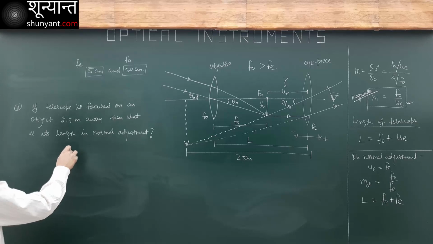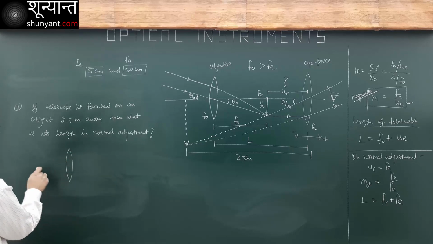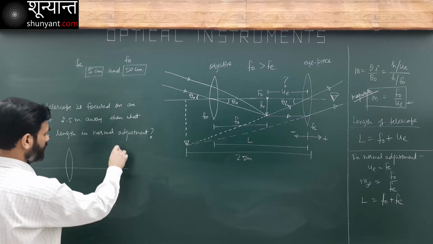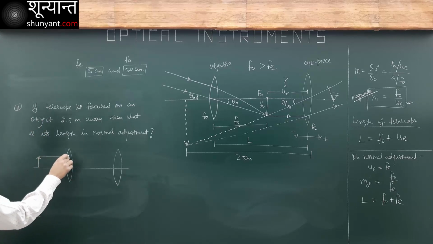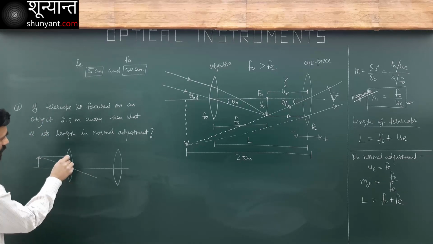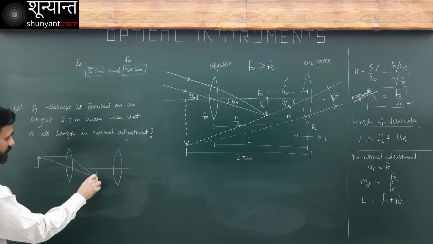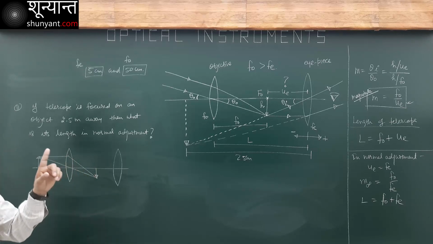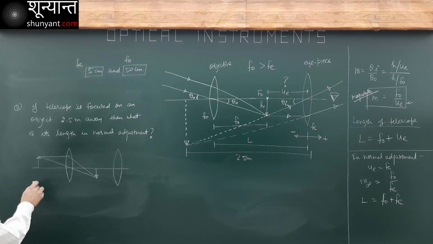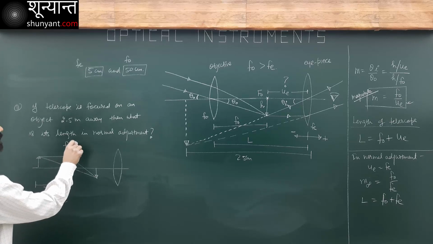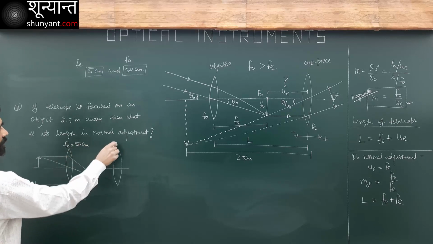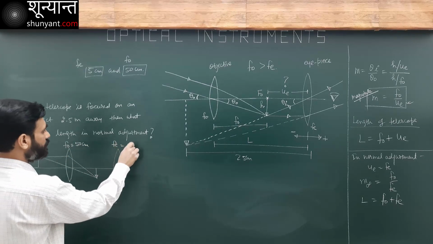In that case, if it is focused on a nearby object, then I will get an image something like this here. This will be my image. Now this will not be at focus. Okay, this distance from here to here is 2.5 meter. This focal length here is 50 centimeter. This focal length here is 5 centimeter.